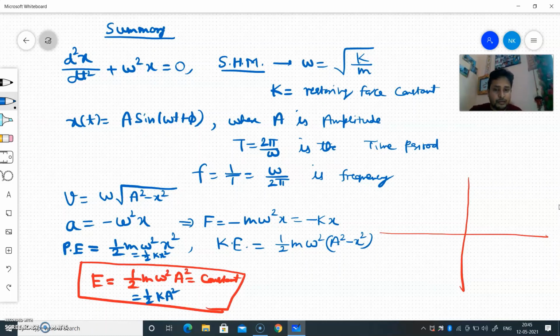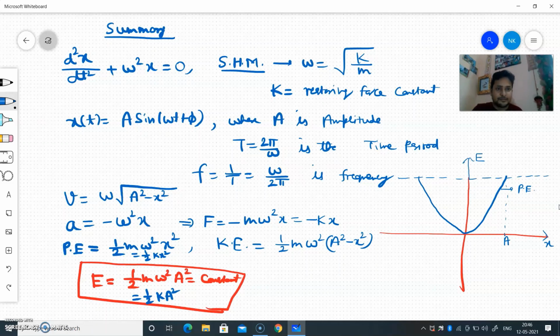So one can actually replot it. One can plot it. So this parabolic type of curve is potential energy. This is potential energy. Okay. This parabolic curve is potential energy. Let me write it here. So this is potential energy, and this point is A. So what I am plotting, x versus energy.